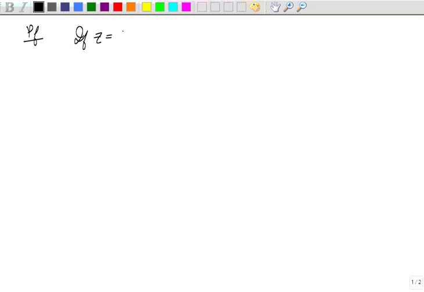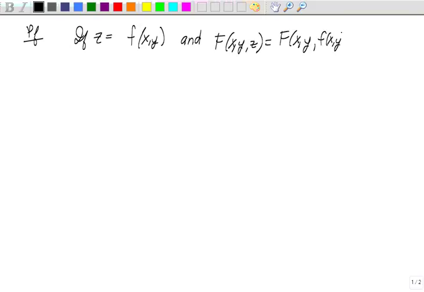If z is equal to f(x, y), little f, and f(x, y, z) then is equal to f of x, y, z is a function of x and y.